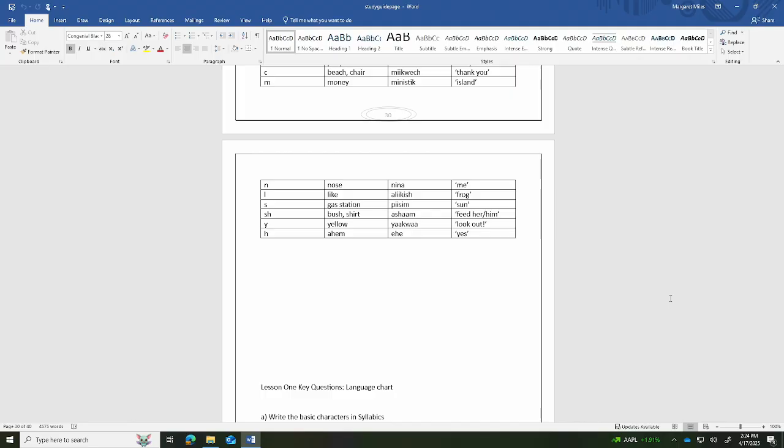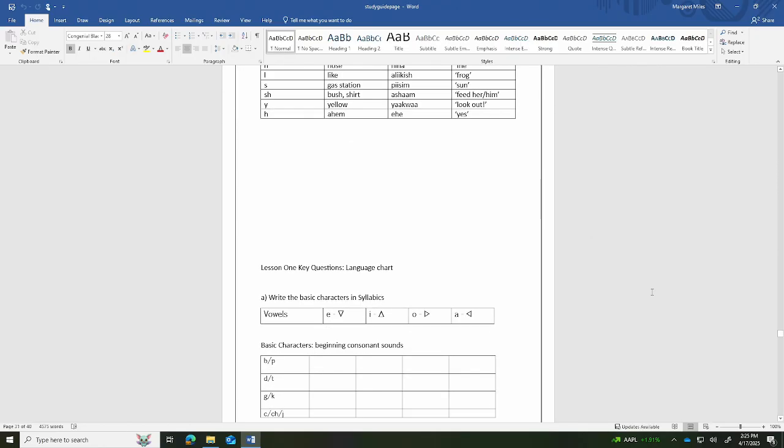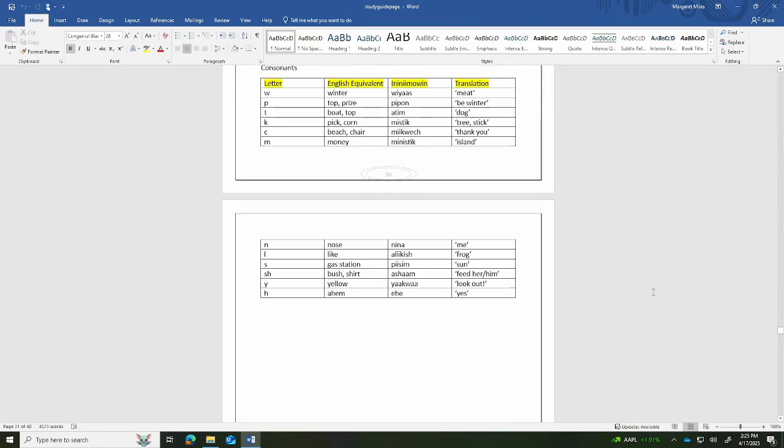You could hear the sound in the middle of the word, wastel, meaning glow or the light.